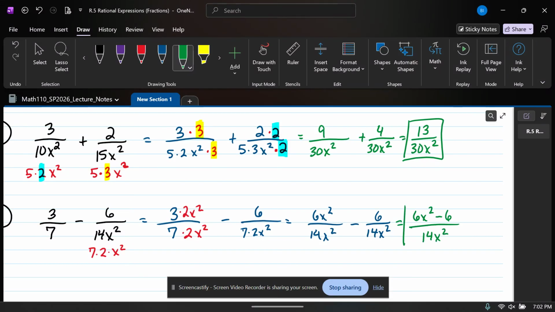Because they're not like terms, you can't take the 6 away from the x squared, because the 6x squared has the x squared. So 6x squared minus 6 over 14. But there is a little bit of simplifying I can do on this one.